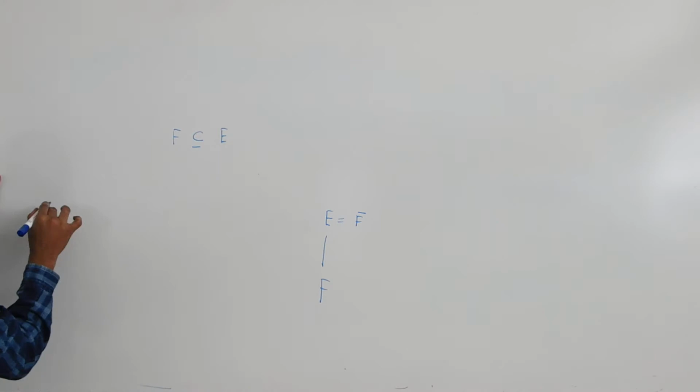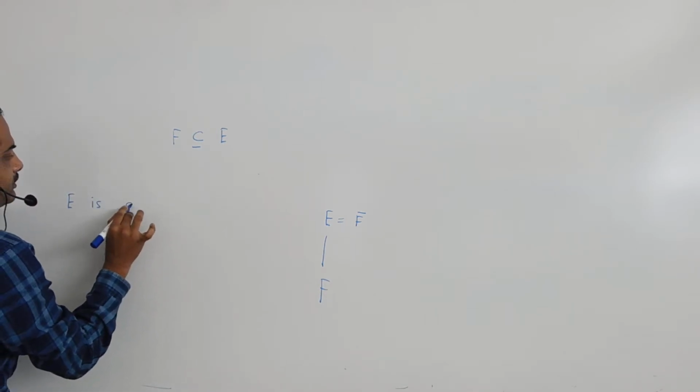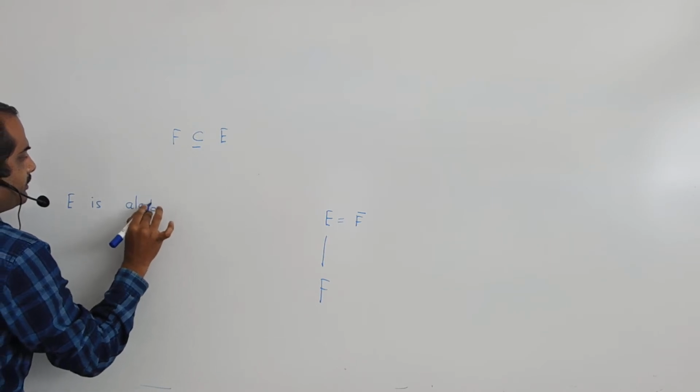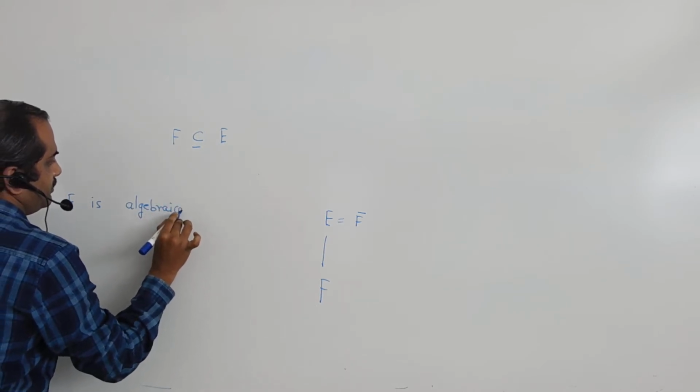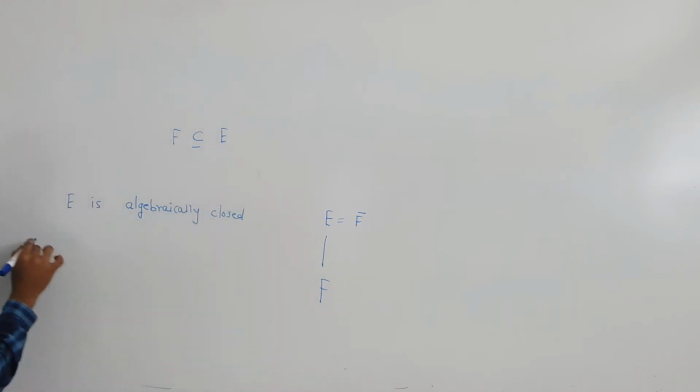Now what is the meaning of E being algebraically closed? What does this mean?